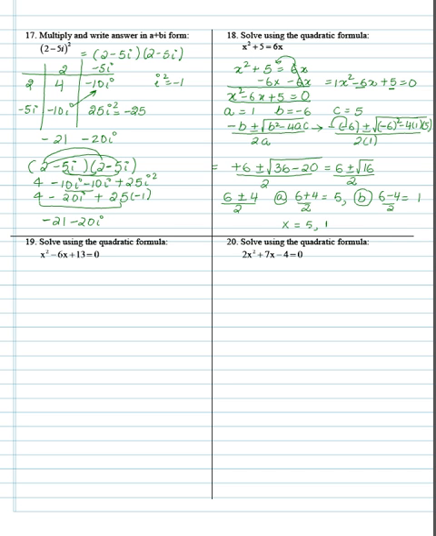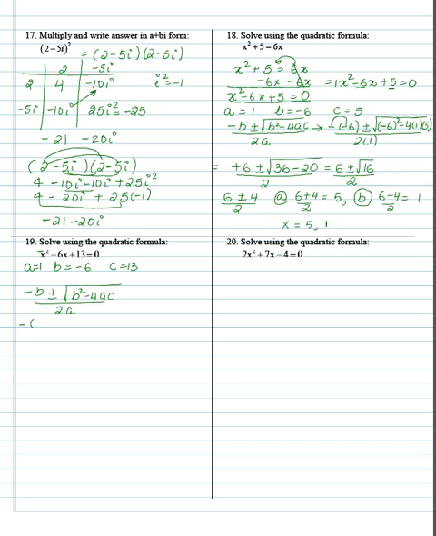Now let's go ahead and solve number 19 using the quadratic formula. It's already in standard form. a is 1, b is negative 6, and c is 13. Plugging it in, negative b plus or minus the square root of b squared minus 4ac over 2a.